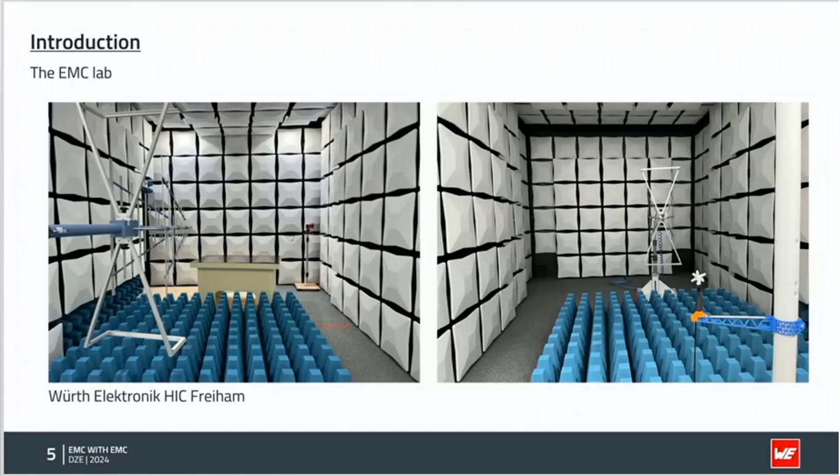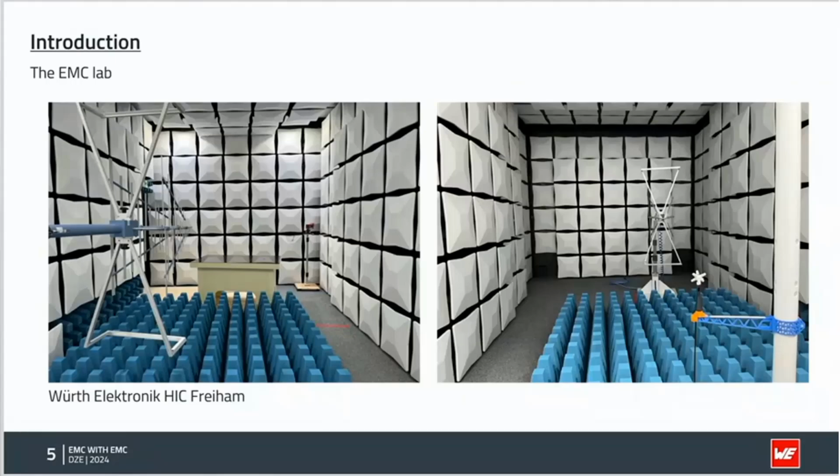Well, we need an EMC lab. Simply put, it's just a really big metallic case. And you stand in the middle, or in this case inside, and you are surrounded by ferrite sheets and absorber materials. Why? Well, you only want to see your application and not all the other electromagnetic waves due to radio or Wi-Fi.